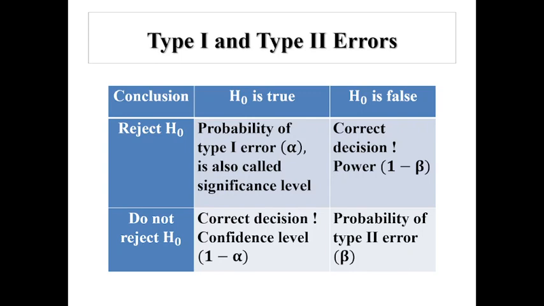Okay? And this is also a correct decision. We call it power. It means the null hypothesis is false and you reject the null hypothesis. The null hypothesis being false means A fails, and the professor fails him or her.